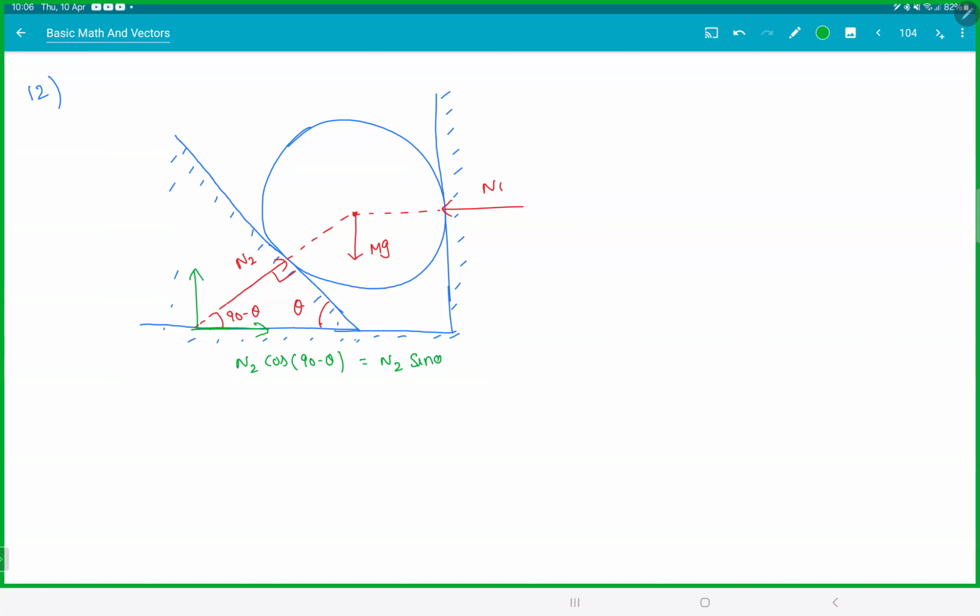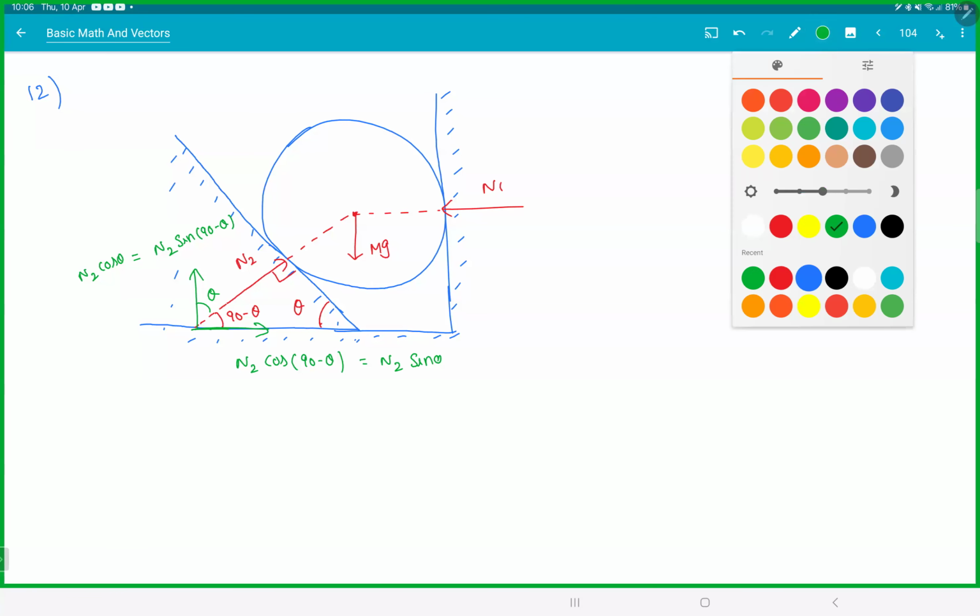This will be the vertical component, N2 sin(90 minus theta), which is N2 cos theta. If that's confusing, you can also say this is theta, isn't it? So vertical is cos theta, horizontal is sin theta. Please check. I think that is where some of you goofed up the angle part.